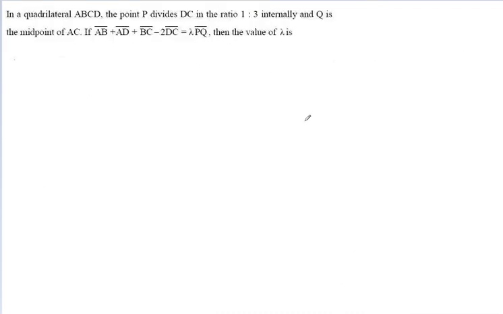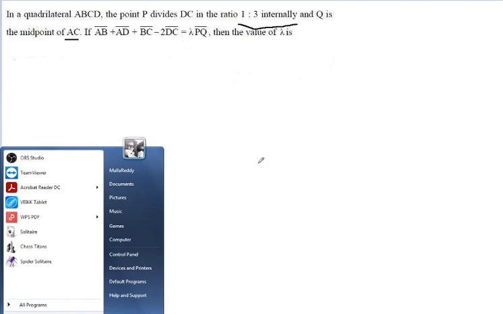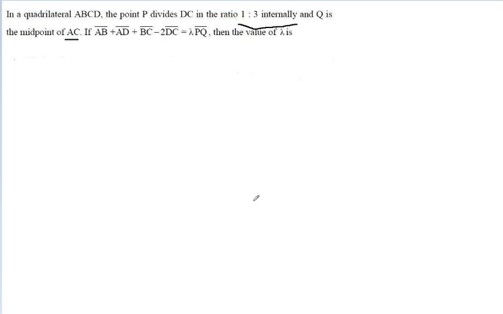Next problem. In a quadrilateral ABCD, the point P divides DC in the ratio 1 : 3 internally, and Q is the midpoint of AC. If AB bar plus AD bar plus BC bar minus 2 DC bar is equal to lambda into PQ bar, then the value of lambda is dash. Here the quadrilateral ABCD is given.